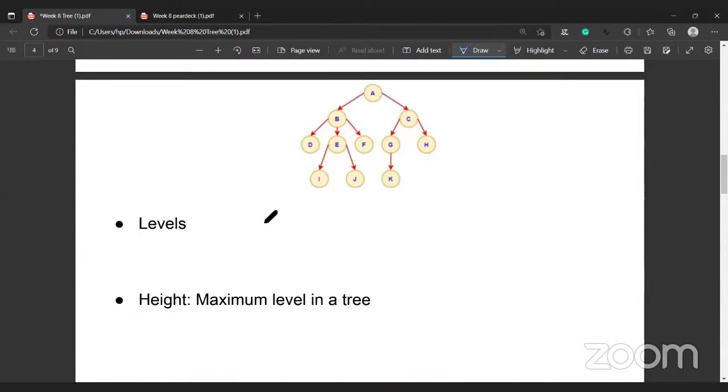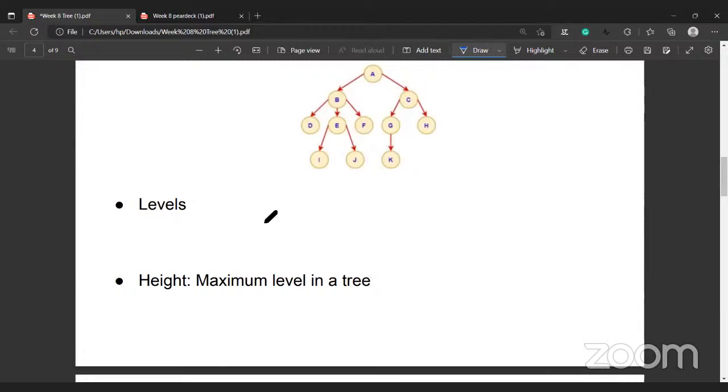Okay. Then levels. The root node is said to be level 0. And the children are said to be level 1. And their children are said to be level 2.